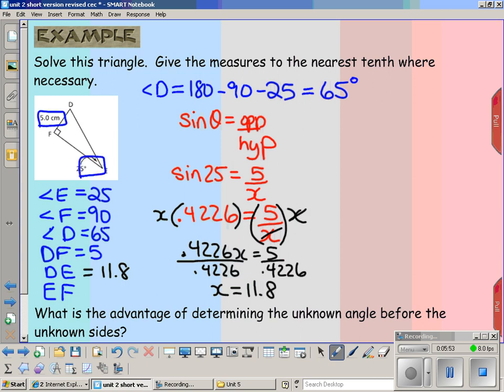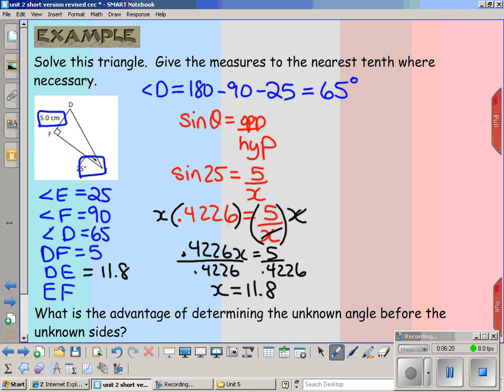That way, if I did make a mistake in one of my other calculations, it's not going to affect this other answer. Because if we did use Pythagorean theorem, and let's say we had calculated DE incorrectly, now we are guaranteed to get EF incorrect. So I always like to go back to the original information given. But you can use other methods.